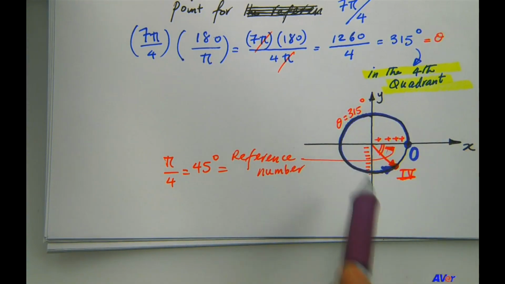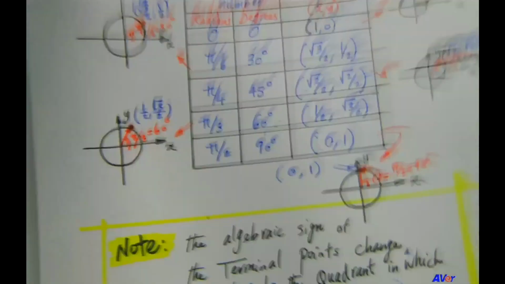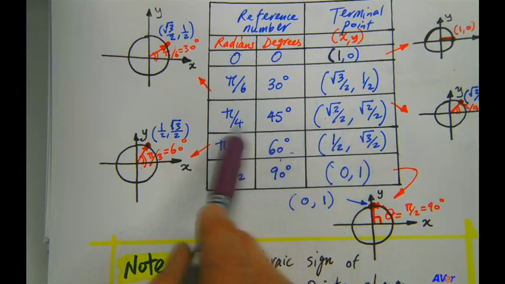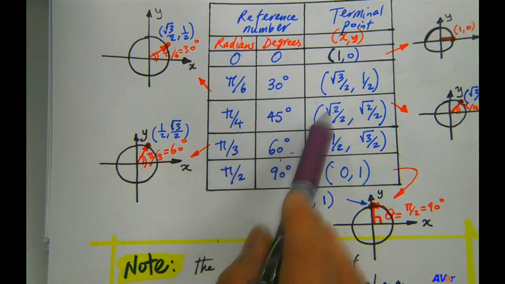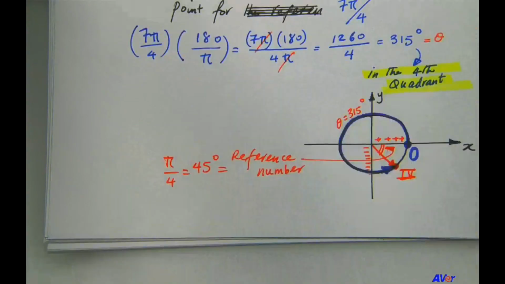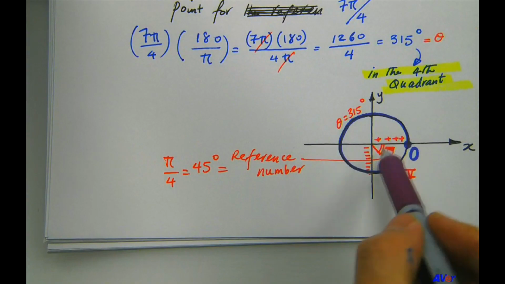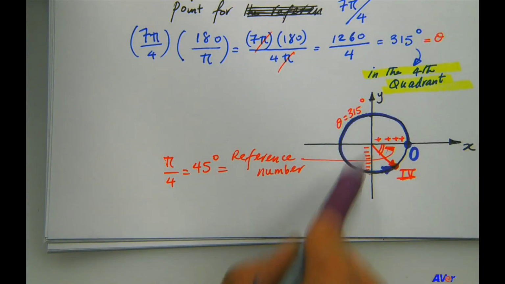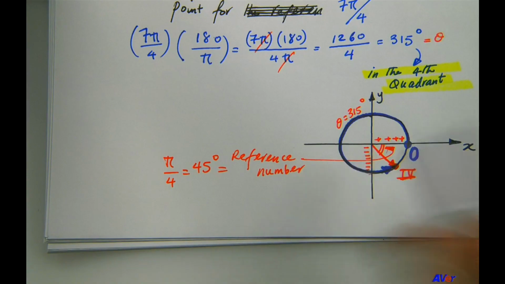Okay, so remember from this table that the coordinates of the terminal point for reference angle 45 is square root of 2 over 2 comma square root of 2 over 2, right? But if we are talking about the fourth quadrant, then the y component should be negative square root of 2 over 2, right?